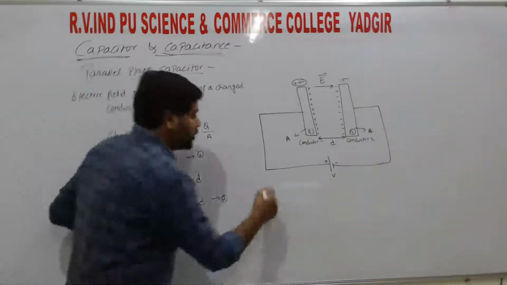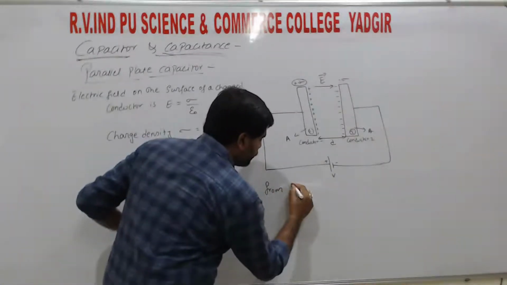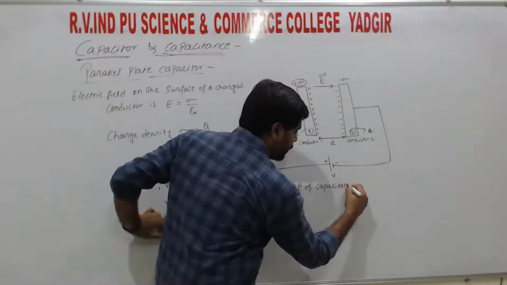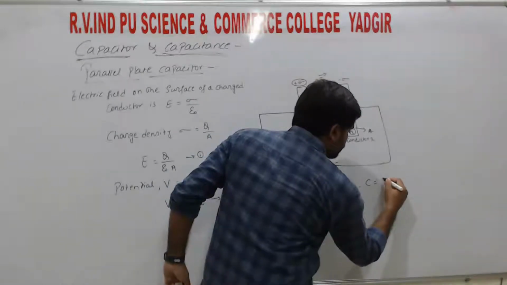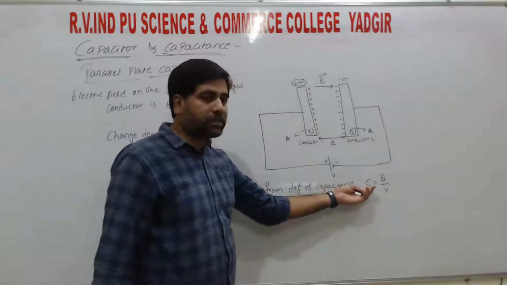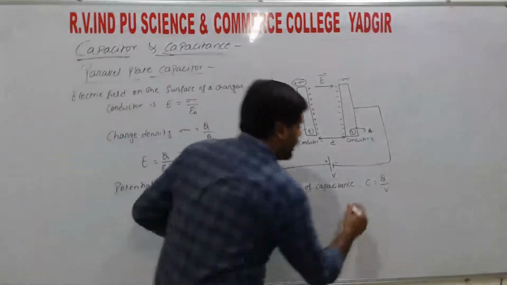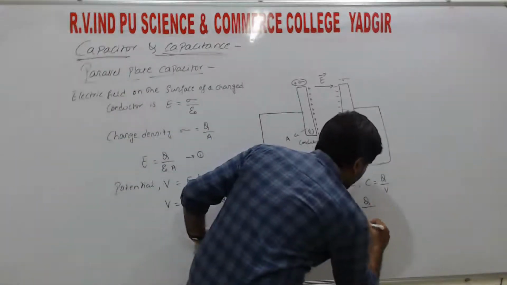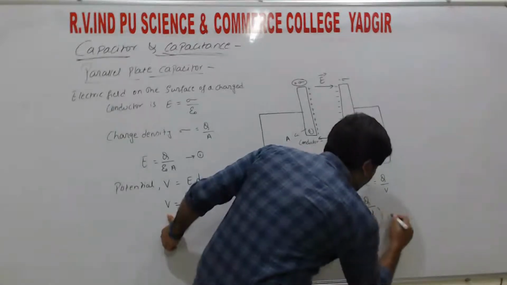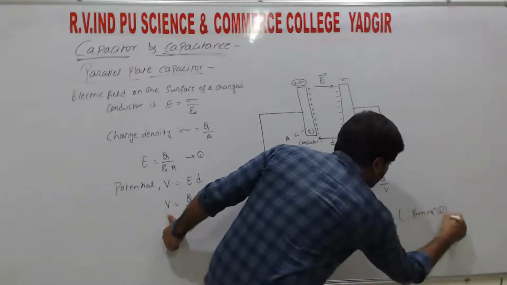From the definition of capacitance, C equals Q divided by V. Here we have the value for V, so C equals Q divided by Q d divided by epsilon naught A, from equation 2.